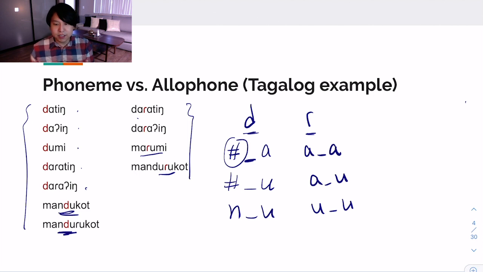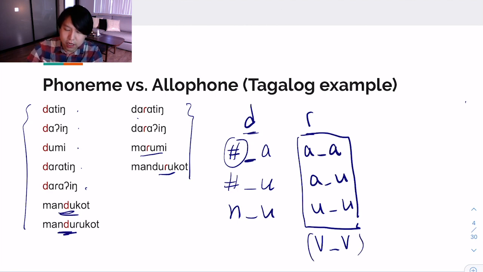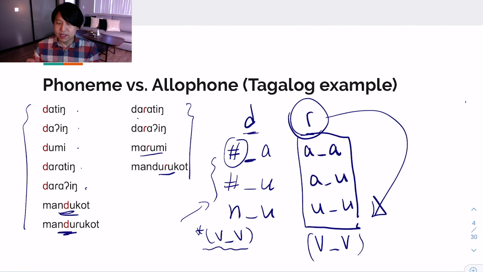You can simply compare these two sets of environments and generalize that this second list only consists of environments between two vowels, and there is no such between-vowel environment in the first list for D. So you can say that the R sound exists only in intervocalic position.